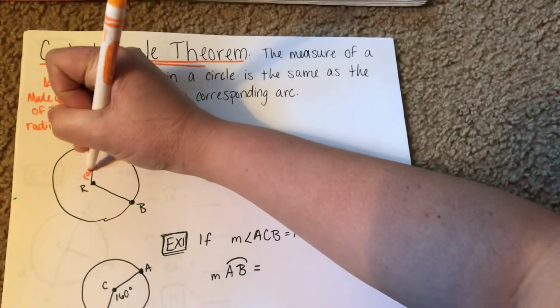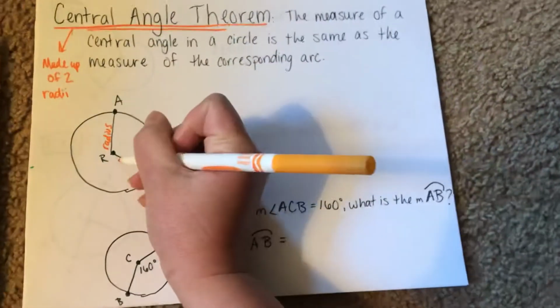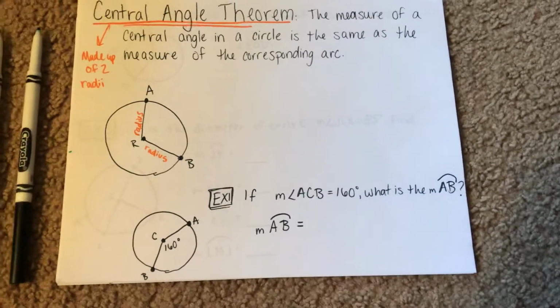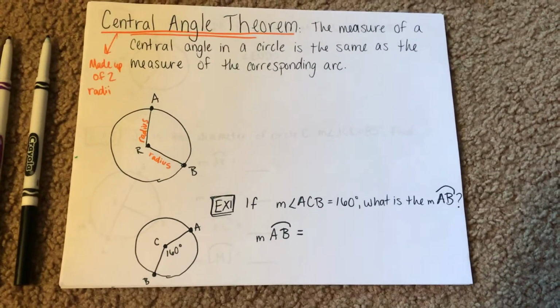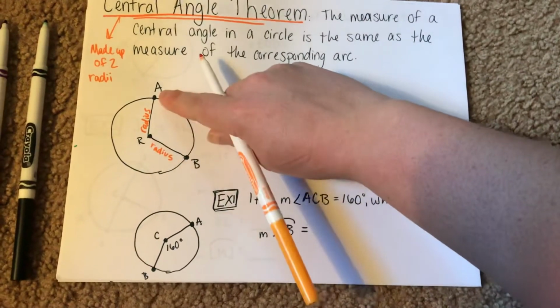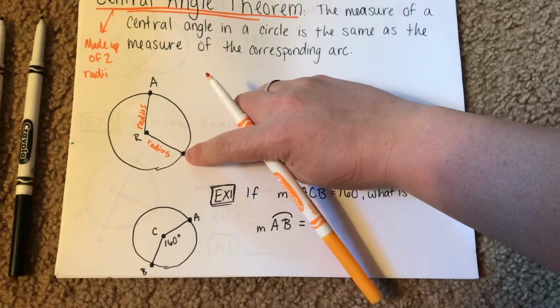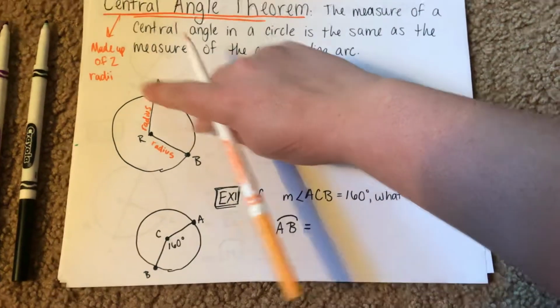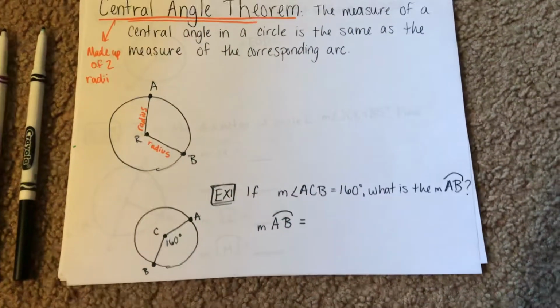So for example, this is a radius and this is a radius. And hopefully you also remember that all radiuses, no matter where they are around the circle, are always going to be the same distance. So if this was 2 inches, R to B would also be 2 inches because the distance from the center of the circle to the edge of the circle is the same no matter where you are around the circle.